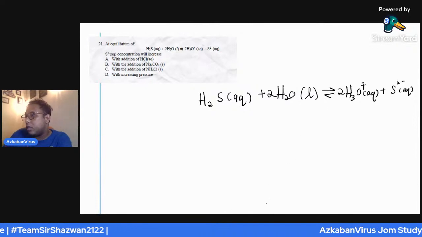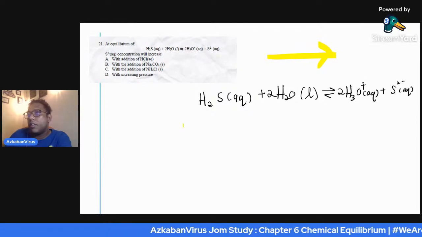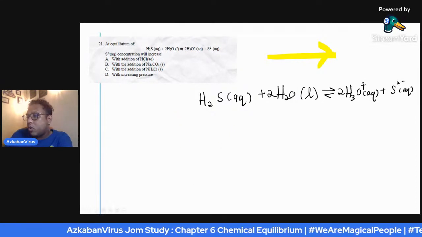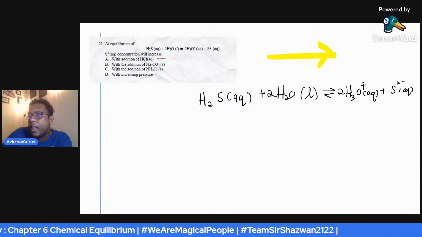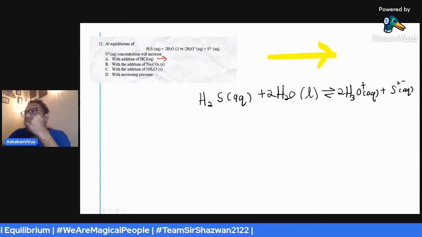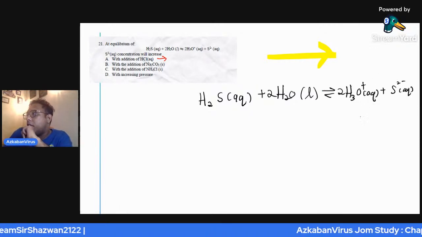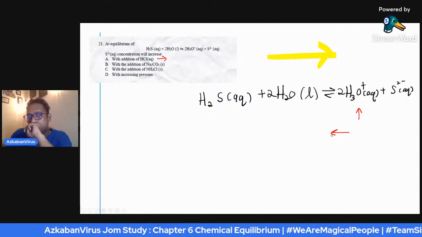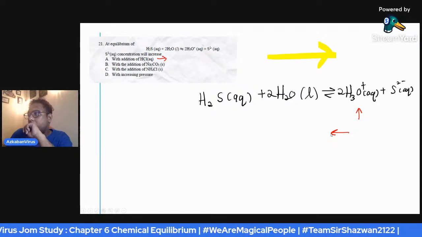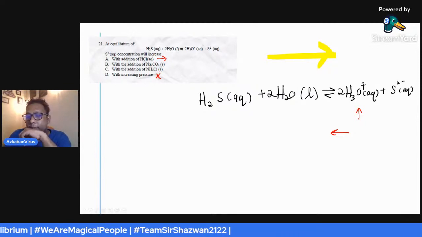Kita nak shift to the right. Bermaksud sekarang ni kalau you tingkatkan HCl, you add HCl, HCl akan hasilkan H3O plus. So, kalau ni meningkat, dia akan shift ke kanan. Pressure tidak ada kesan sebab tidak ada gas kat situ.